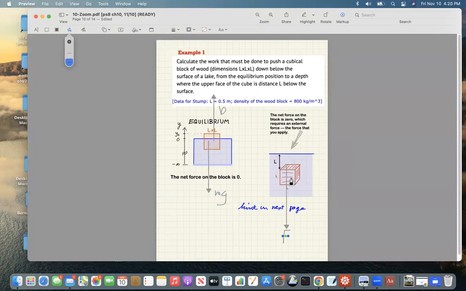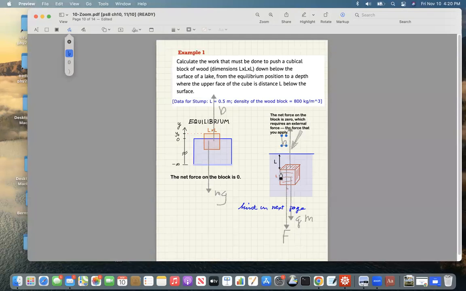Now, meanwhile, we still have the gravitational force, mg, or gm, I guess I should say, pulling it down. And you still have the buoyancy force pushing it up.